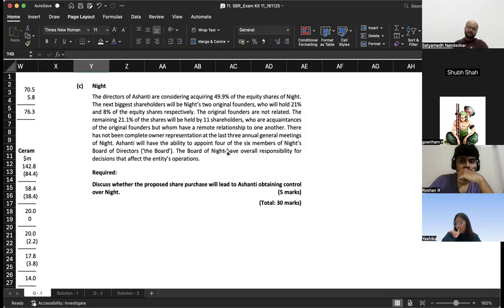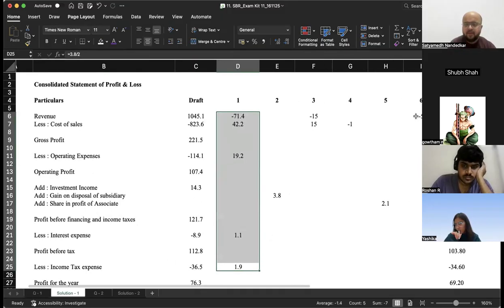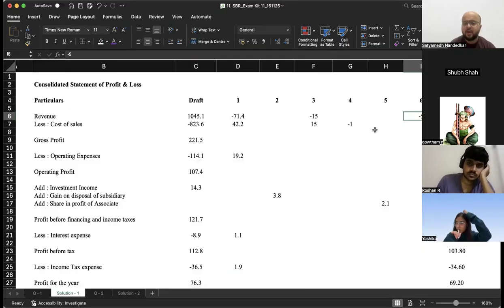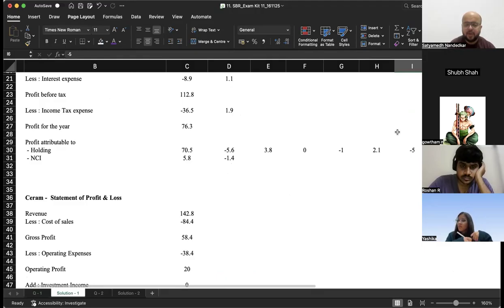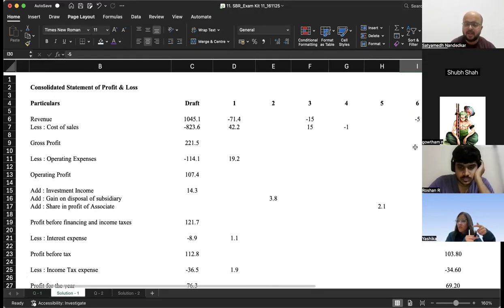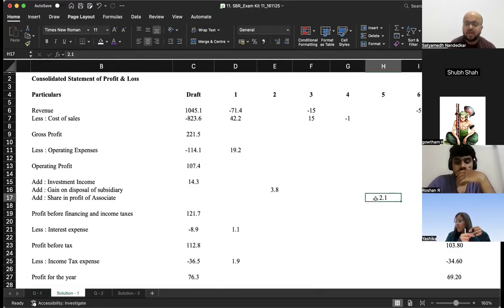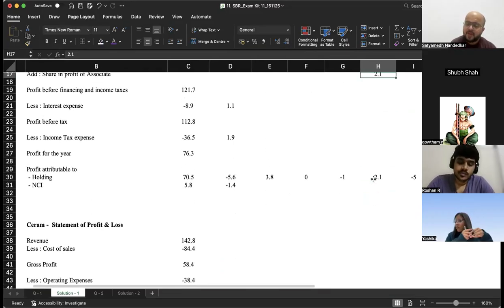सर सिर्फ लास्ट का जो आपने एडजस्टमेंट किया ना, जो सिर्फ होल्डिंग कंपनी में सारे एडजस्ट किए, वो थोड़ा नहीं समझा. ये 5 मिलियन का एरर इन रिकॉर्डिंग है, ये सिर्फ होल्डिंग कंपनी के बुक्स में है. तो ये मैं एनसीआई में क्यों एडजस्ट करूँ? तो इसको सिर्फ यहाँ पे एडजस्ट किया. फिर ये 2.1 शेयर इन प्रॉफिट ऑफ एसोसिएट, ये भी सिर्फ होल्डिंग कंपनी का है ना, तो इट इज एट्रीब्यूटेबल टू होल्डिंग कंपनी, तो वो यहाँ पे इंक्लूड किया.